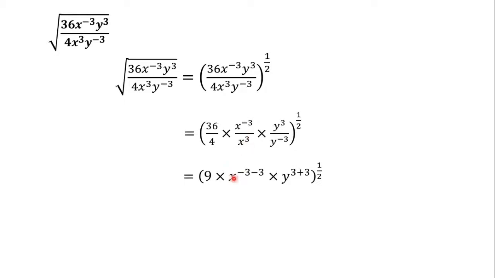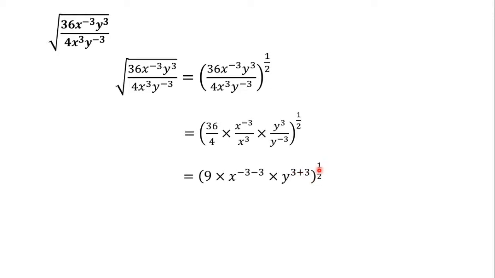So here we are going to have x exponent minus 3 minus 3. Then times, we have the same thing here. So we write one of the bases, which is y, and we subtract the exponents. We subtract the exponent of the denominator from the exponent of the numerator. So this will give us 3 minus minus 3, which is 3 plus 3.